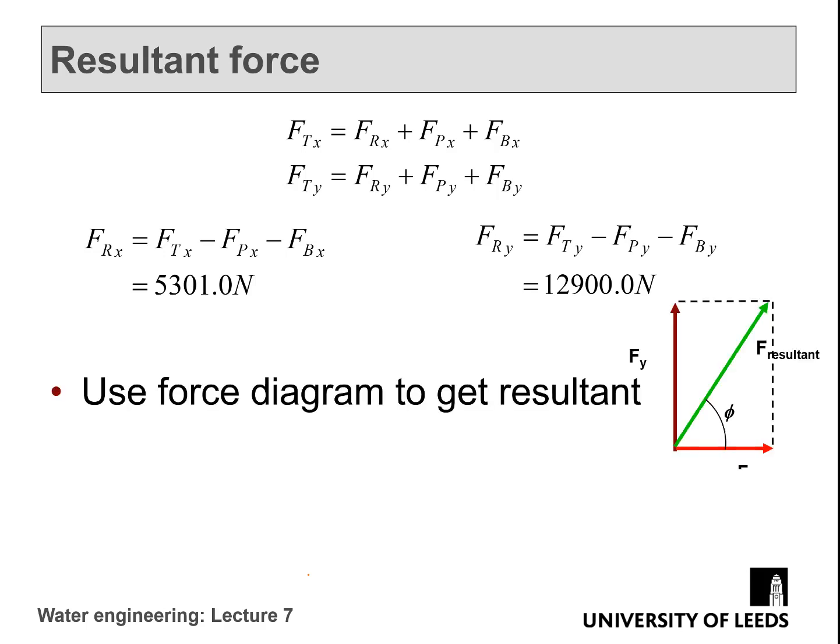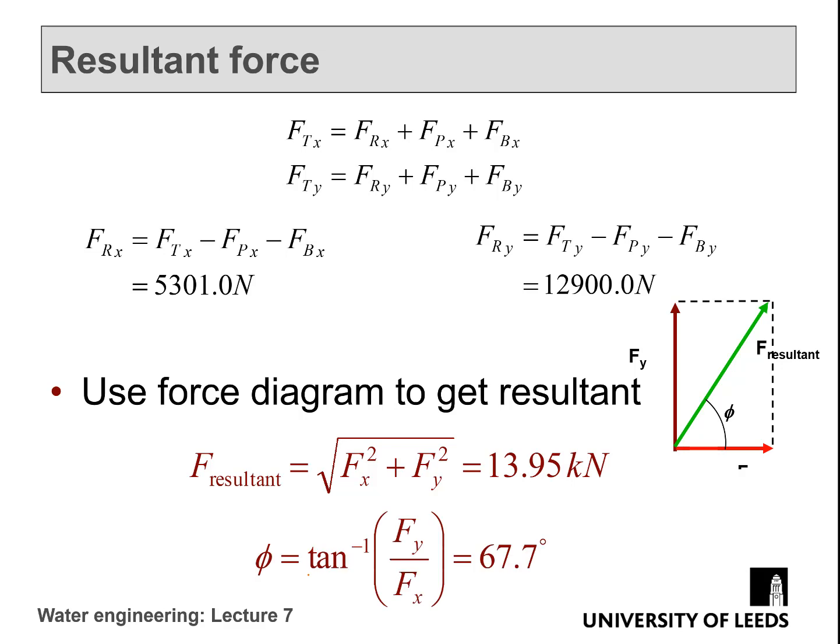We draw the force diagram, and I always draw the force diagram in the direction of the numbers, as we've seen before. We work out the resultant force, which comes out to be 13.95 kilonewtons, and the angle as defined on the diagram here, 67.7 degrees.